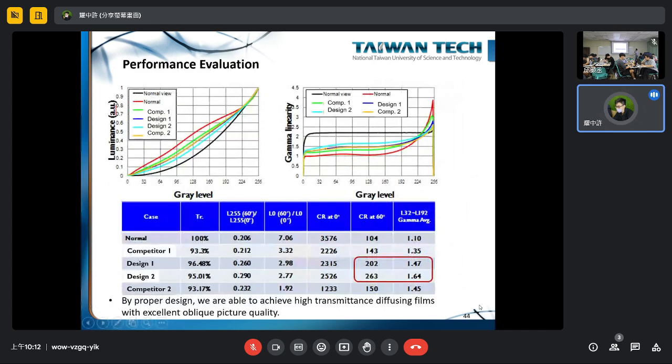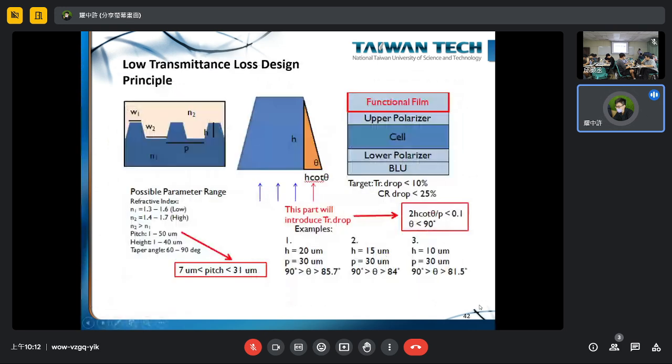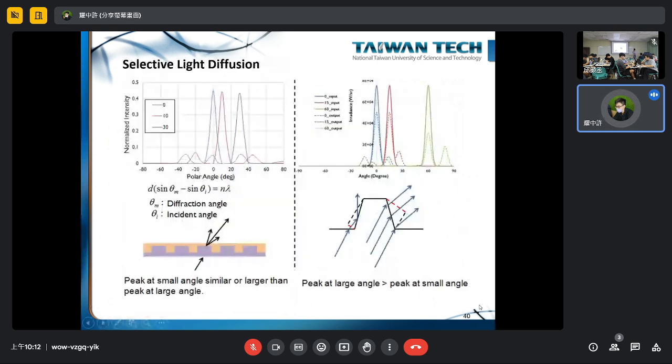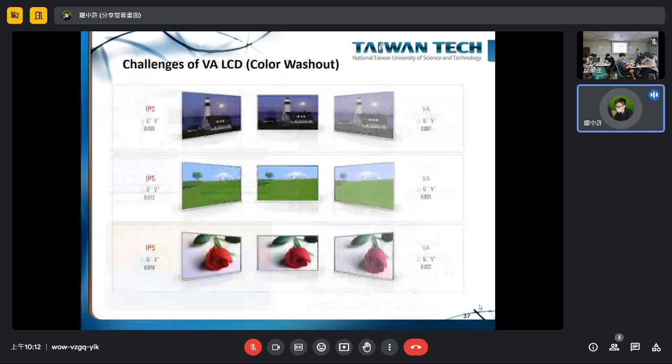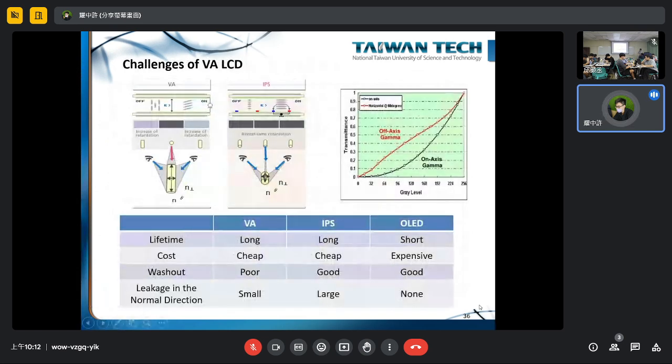And I missed this part. You can see if we evaluate the gray level from 0 to 255, in the normal direction you usually tune it to this scale. The scale here is usually called gamma 2.2. Gamma 2.2 means an exponential increase with the 2.2 power.